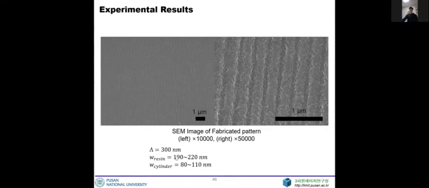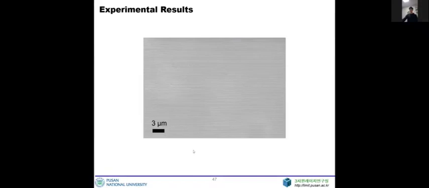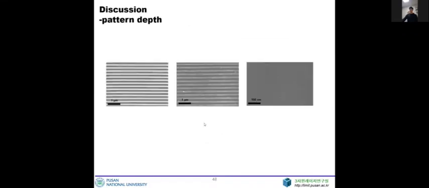Pattern width was like this, and because it is a reverse replica of the cylindrical surface, actually the pattern width is 80 nanometers to 110 nanometers. It is the least magnified SEM image, and we can see its nano pattern was fabricated consistently on the large area. However, pattern contrast was relatively poor.